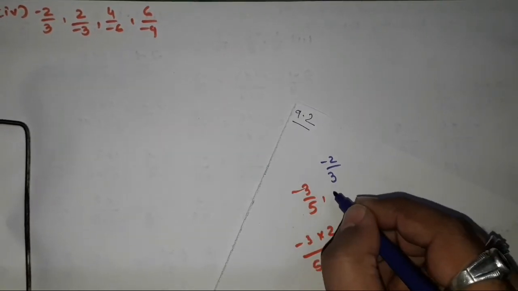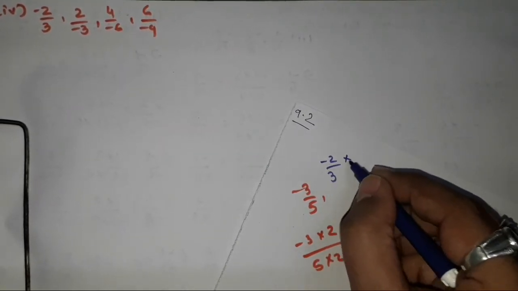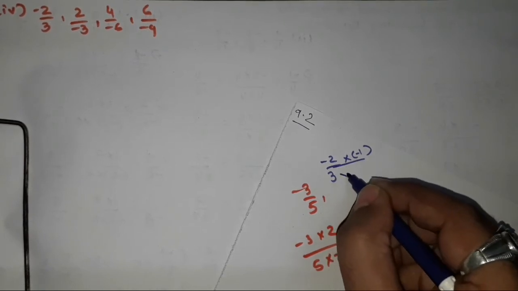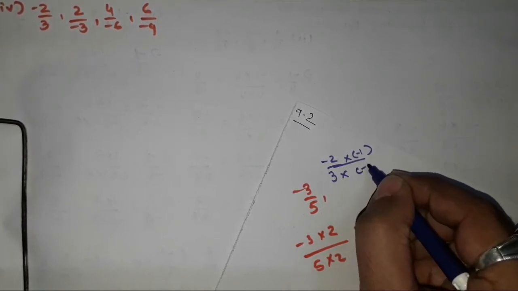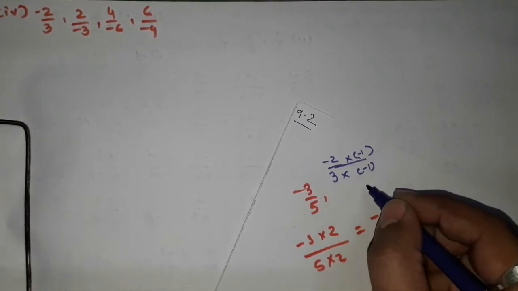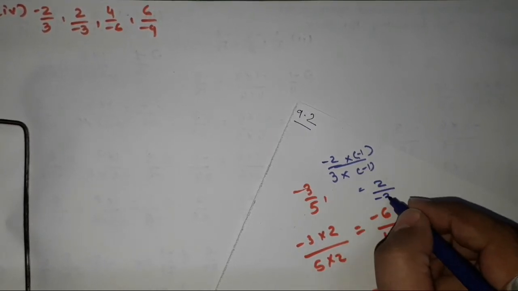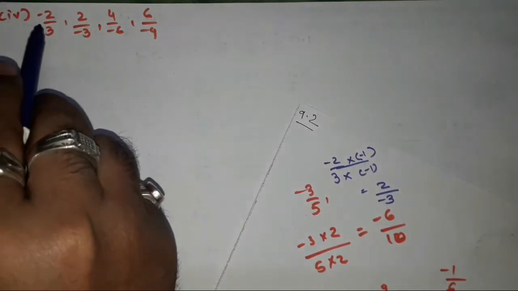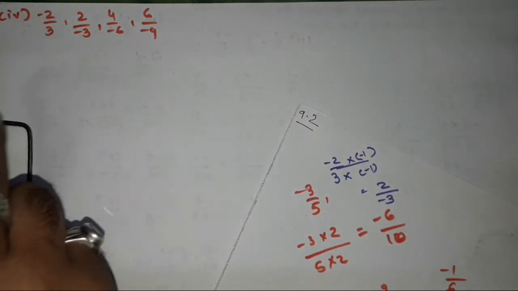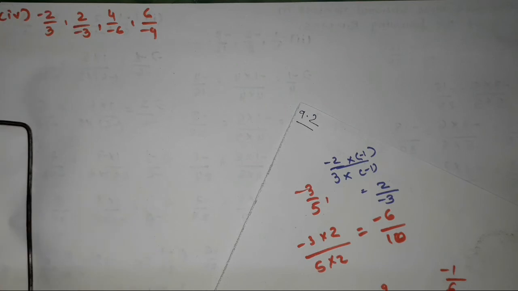So this minus 2 is multiplied with minus 1 and this 3 is multiplied with minus 1. So minus 2 into minus 1 I will get positive 2. Then 3 into minus 1 I will get minus 3, because the first number was minus 2 upon 3, and the next number is 2 upon minus 3.